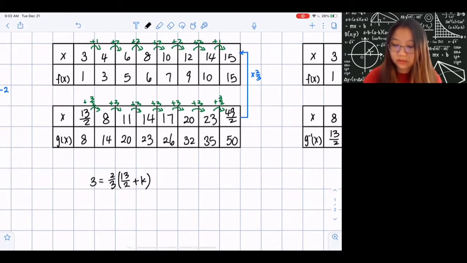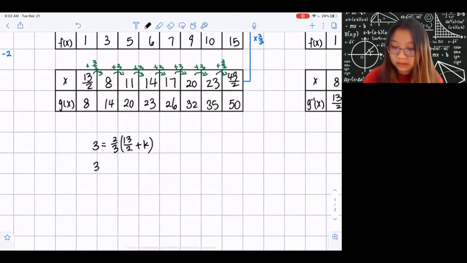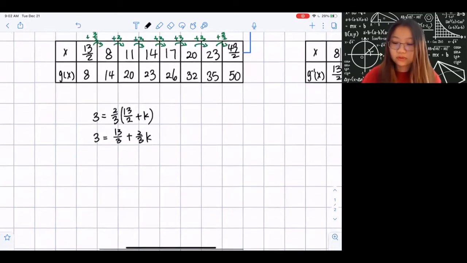So I'm going to solve this equation. I have 3 equal to 13 over 3 plus 2/3 k. So what do I have? 3 is essentially 9 over 3. So 9 over 3 minus 13 over 3, I would get negative 4 over 3 equal to 2/3 k.